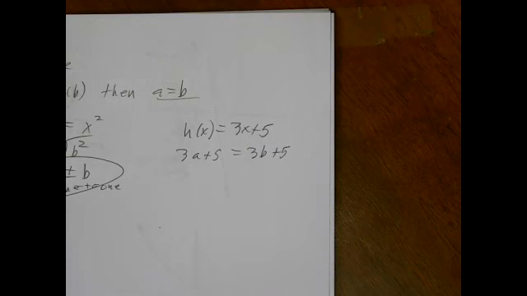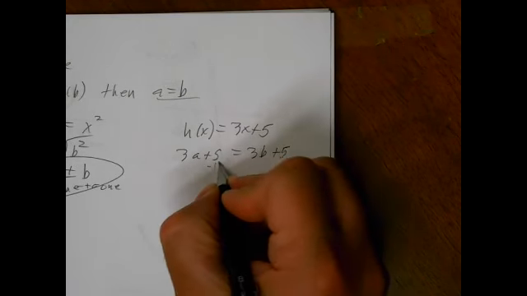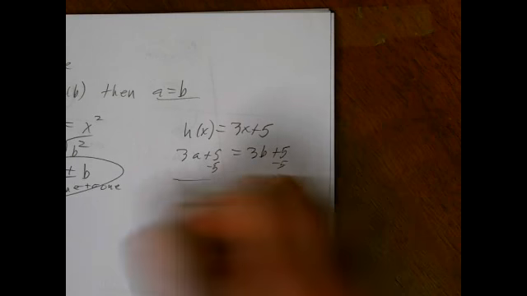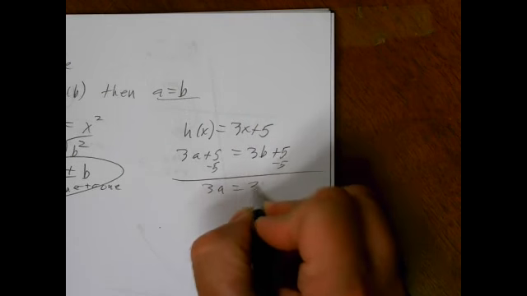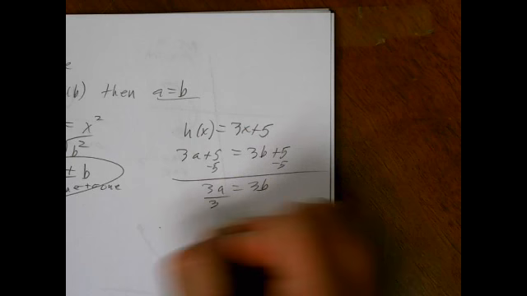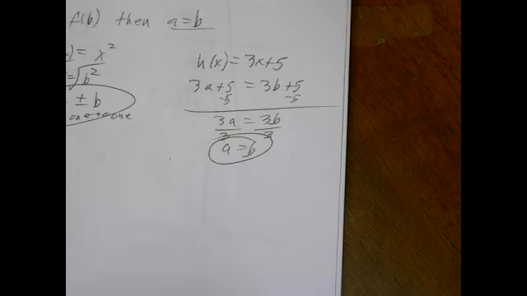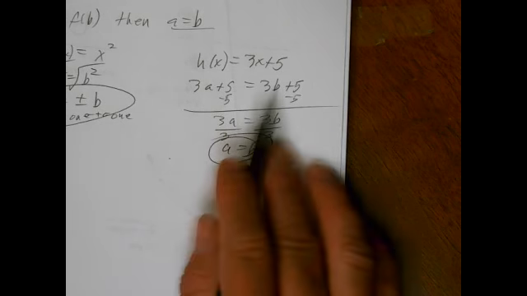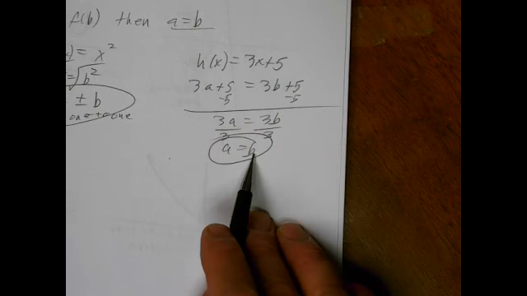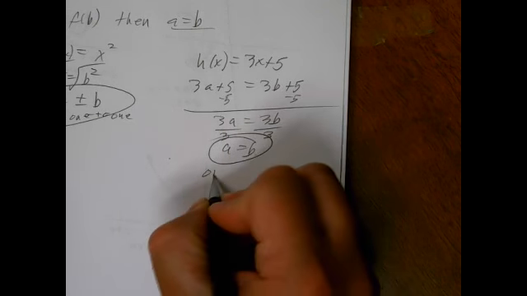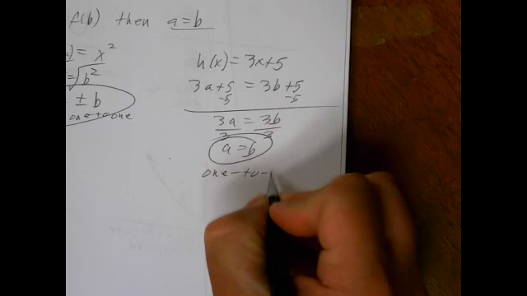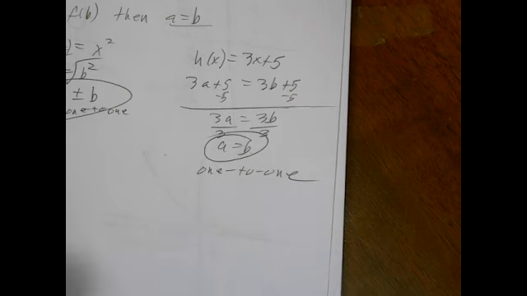When I work to simplify this, I will subtract 5 from both sides, divide both sides by 3, and the outcome of that is a equals b. The only way for these two to be equal is if a and b were equal all along. So that means this particular linear function is in fact one-to-one.